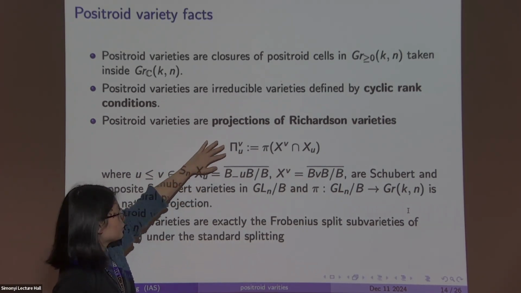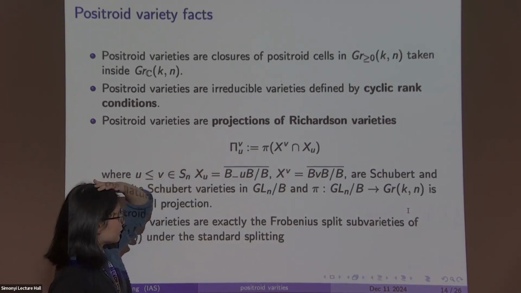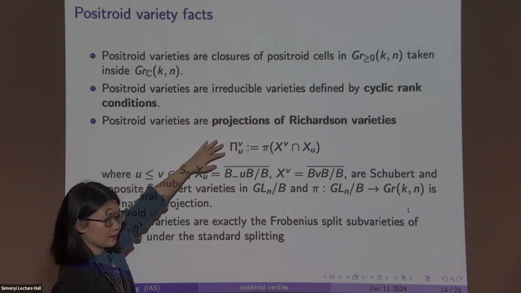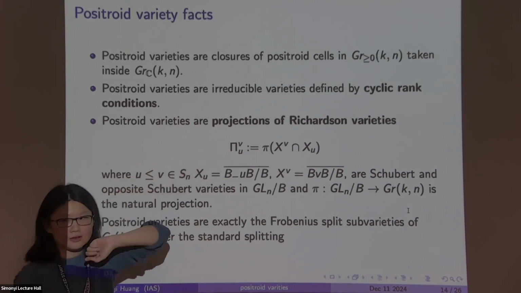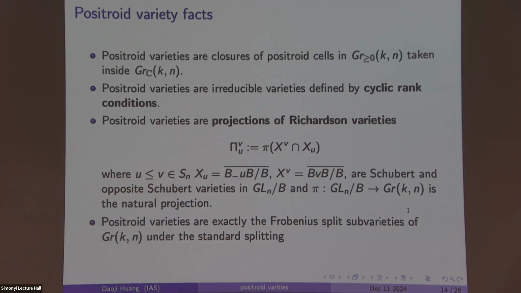And the dimension would be the difference in Bruhat length of u and w, if you insist that w is a k-Grassmannian permutation. But there's only certain pairs. That's right, yes. But for any pair you project, you always get a Positroid variety. Just sometimes you don't get a birational map. For those that are birational, these are characterized by the top element being Grassmannian.